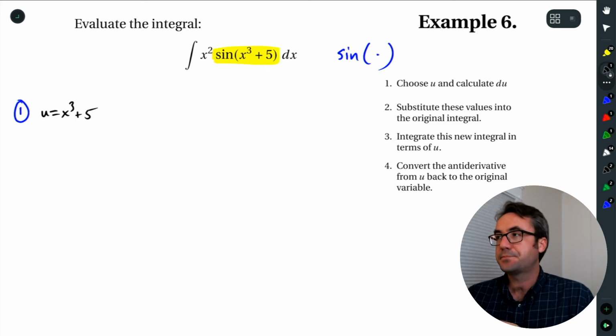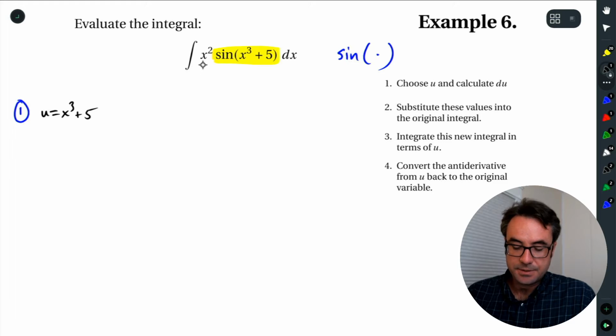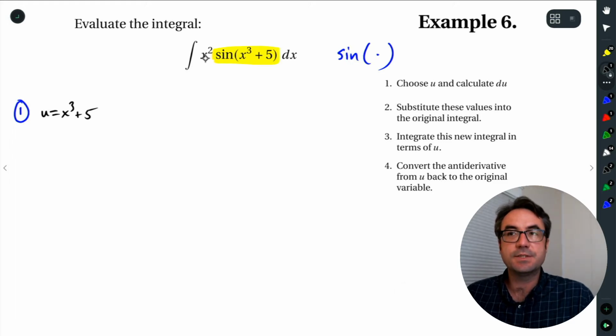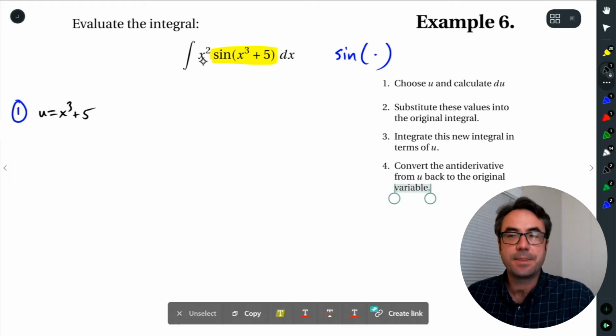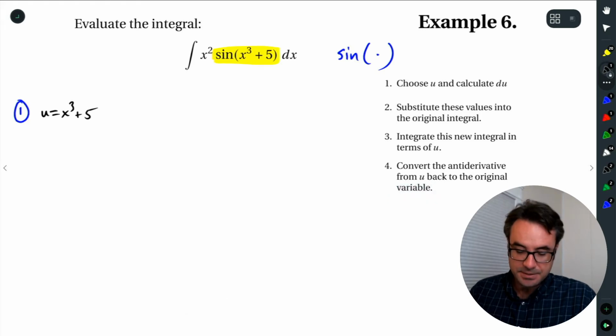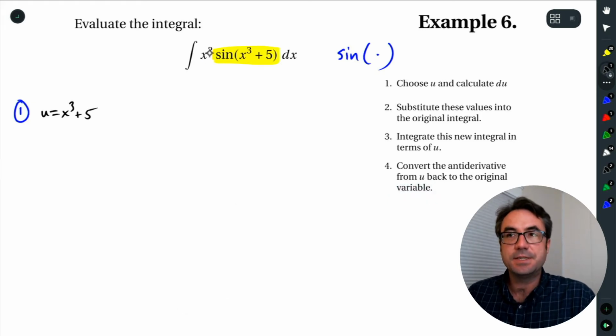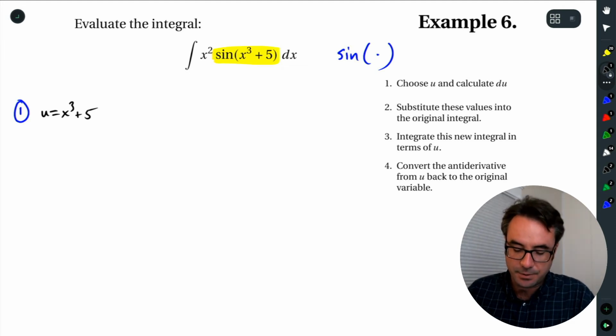All right. Now that's not too bad. Now when we look at this x squared, I would consider this a leftover term. It's not absolutely necessary, but I do think it's helpful to take all the leftover terms that you have and move them next to the dx. Still in between the integral sign and the dx, but we're just going to move things around a little bit.